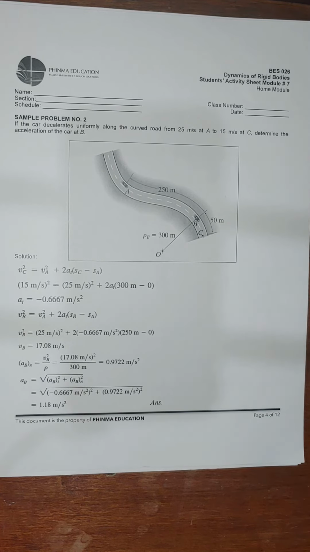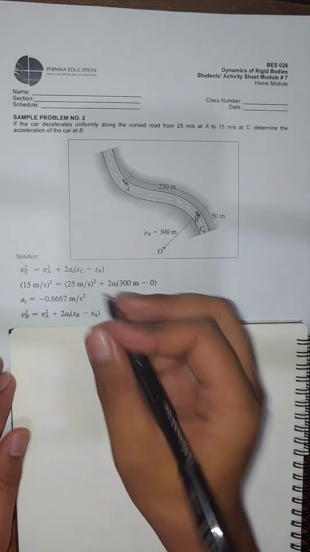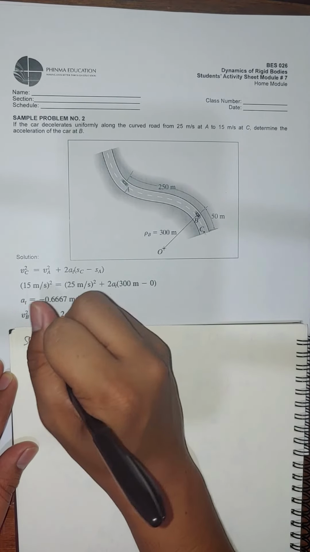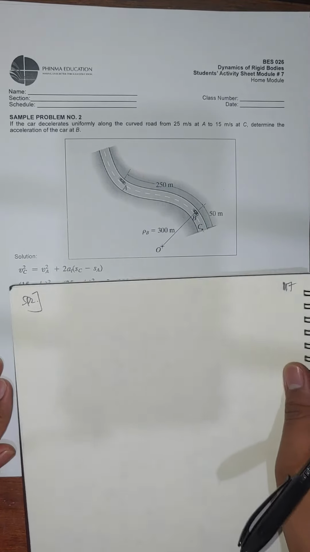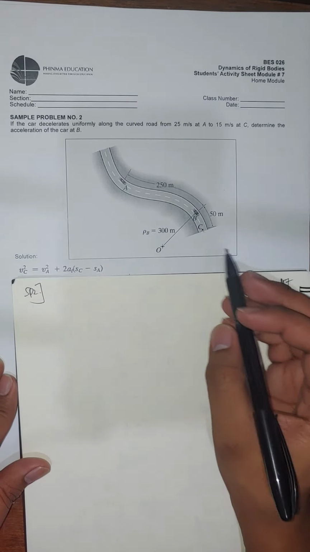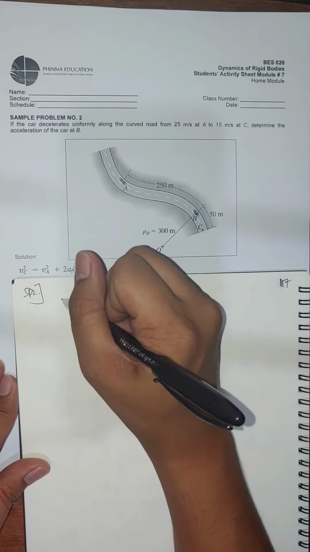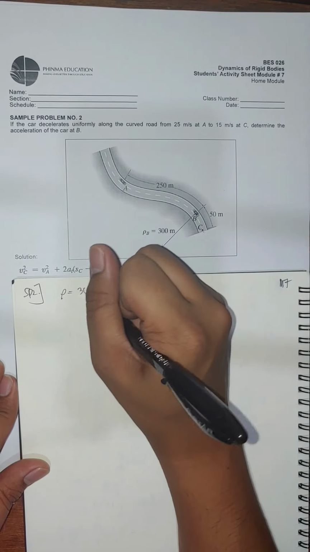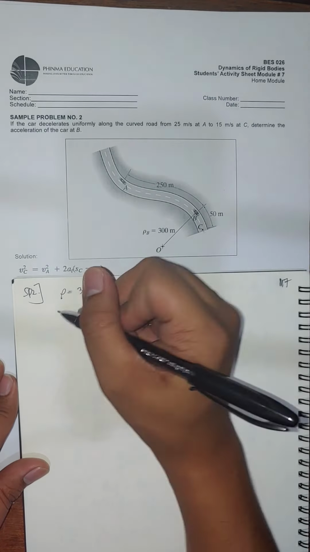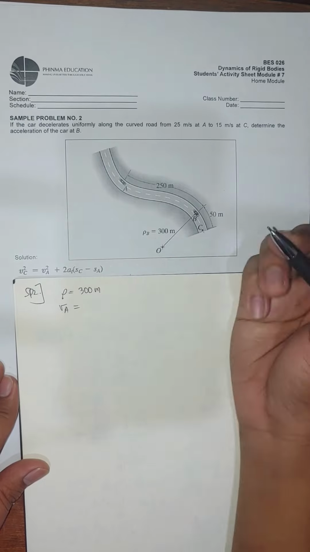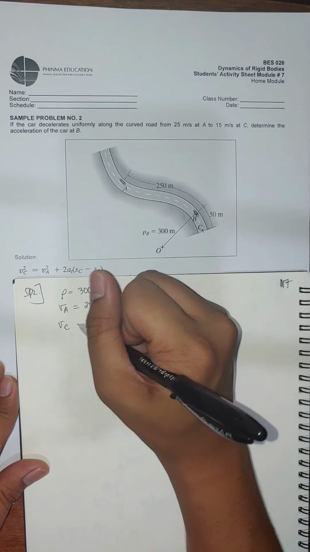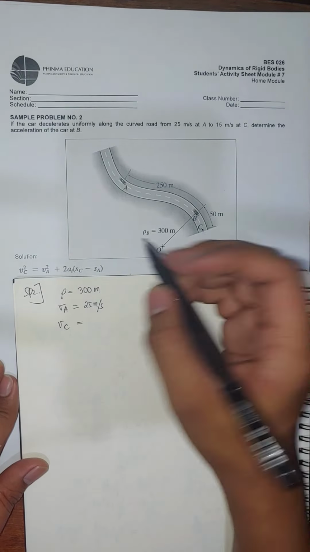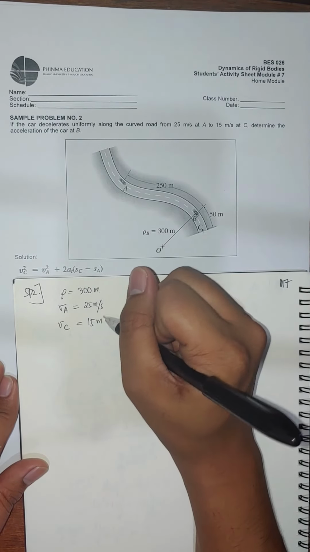Okay. So, let's write down the givens. The givens: rho equals 300 meters. Velocity at A is equal to 25 meters per second. Velocity at C is equal to 15 meters per second.